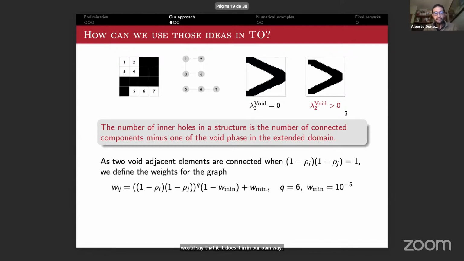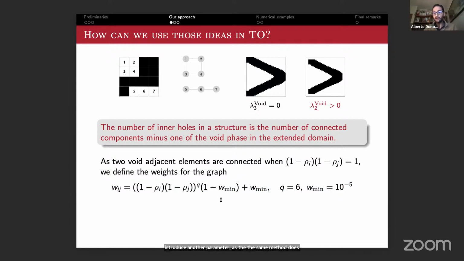So we can say that as two void adjacent elements are connected whenever the product of their void densities is close to 1, we propose here to define the weights for the graph in the following way. The weights are the product of their void densities powered to an exponent q, and we also need to introduce another parameter, W-min, as the SIMP method does.